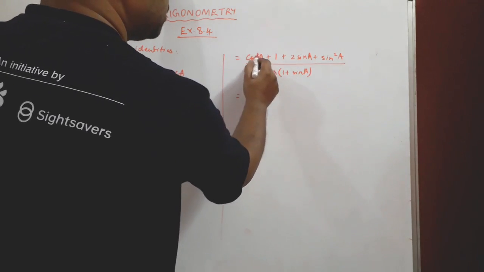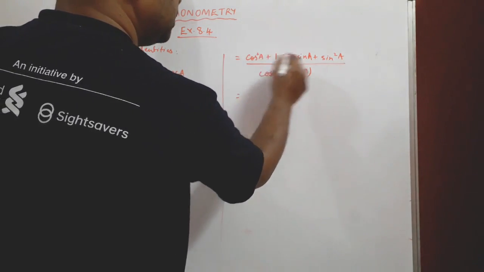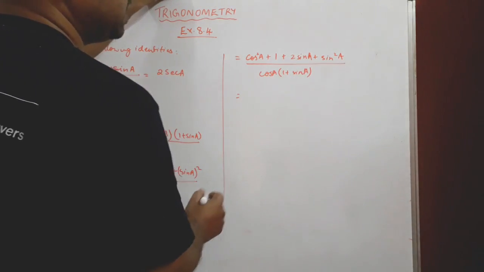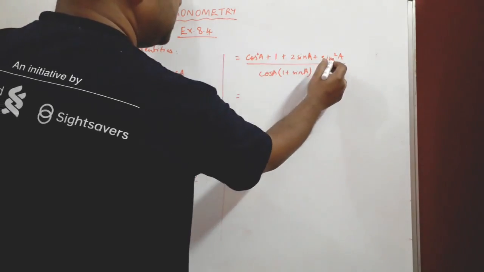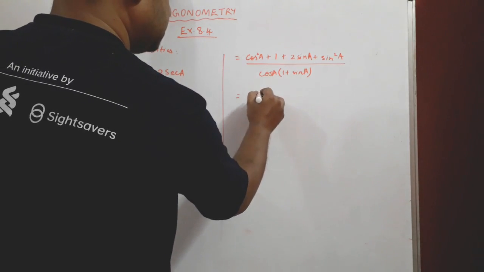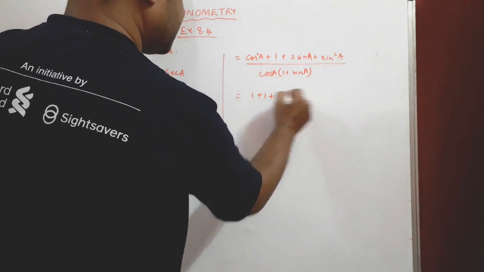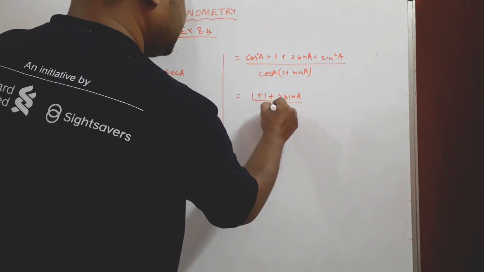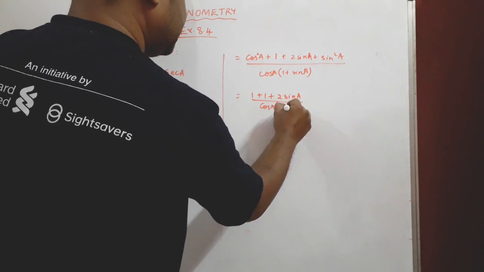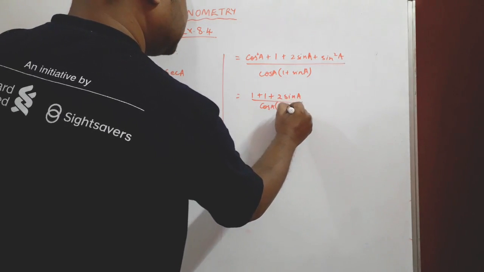Now cos square A plus sin square A can be written as equal to 1. So cos square theta plus sin square theta equal to 1. The angles are the same, so we can write that as 1 plus 1 plus 2 sin A, whole thing upon cos A into (1 plus sin A).